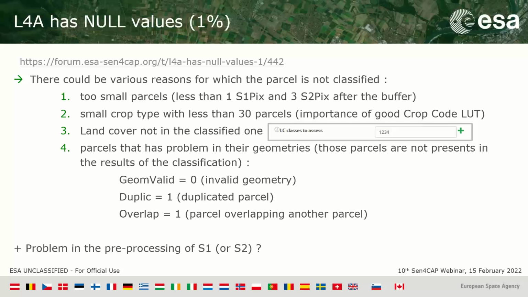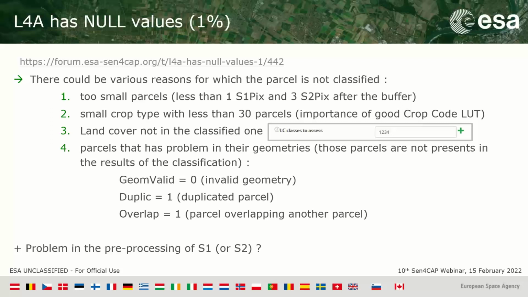Also, the land cover is not the classified one, and there are parcels that have problems with their geometries, like invalid geometry, duplicated parcels, or parcel overlapping with another parcel.